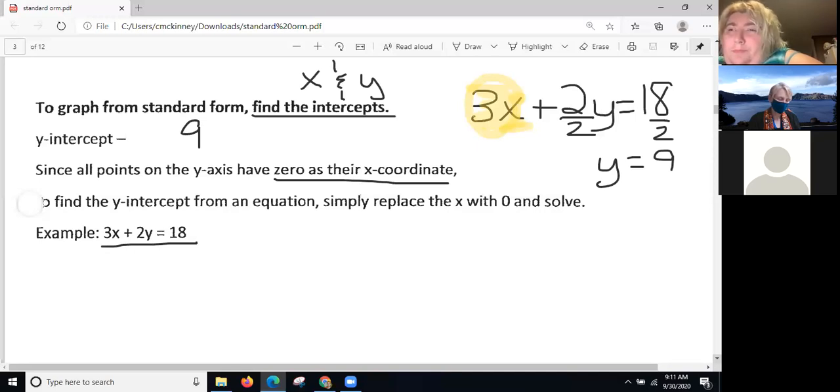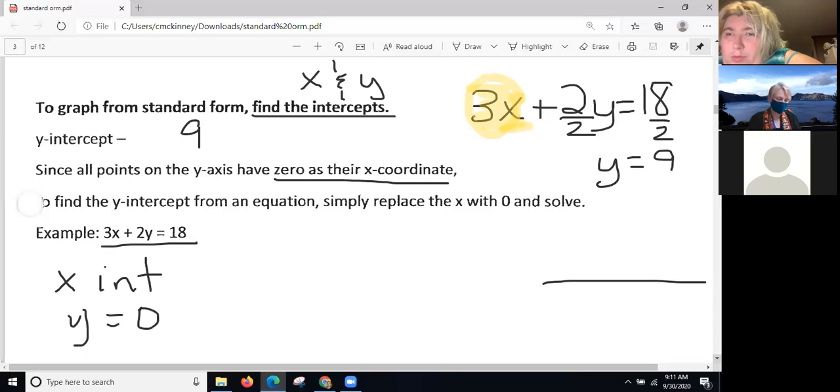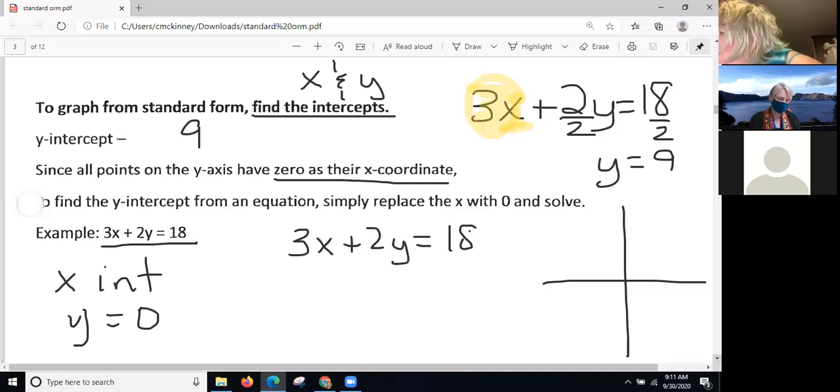And if I want to know the x-intercept, same kind of thing. Then the y is equal to 0, because remember, any place on the x-axis doesn't go up and down. So if I did 3x plus 2y is 18 and the y is 0, well, 2 times 0 is 0, which basically means it's gone.